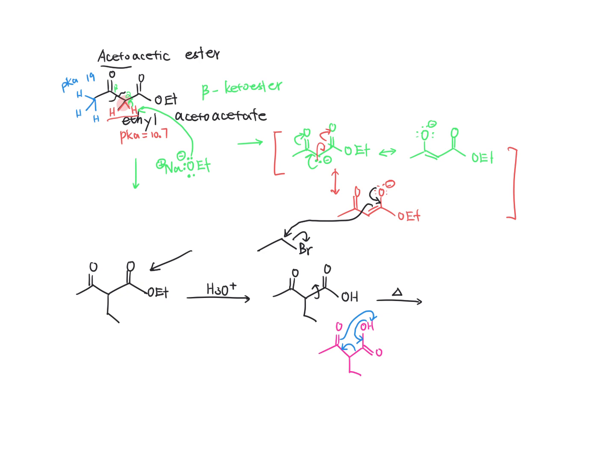So the outcome of this process, let's draw this out first. We have the oxygen-hydrogen bond form. We have this double bond between these two carbons, alpha and carbonyl carbons.